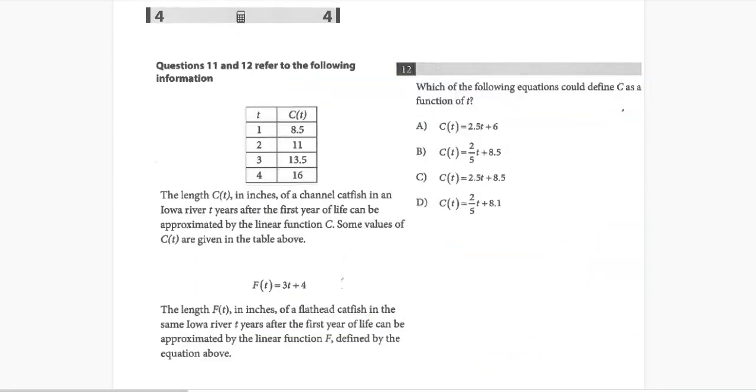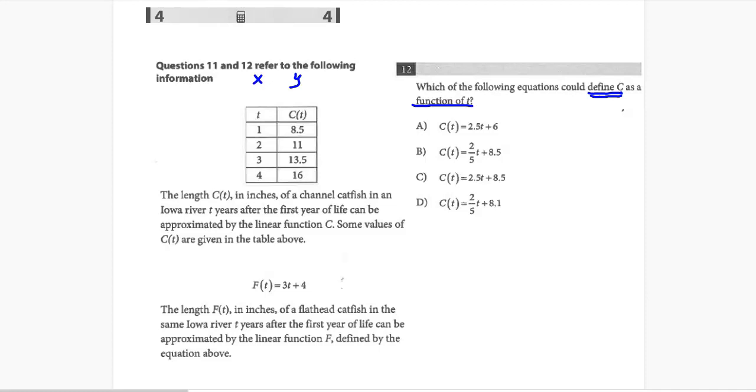All right, number 12. So this is the second part of this problem. It says, which of the following equations could define C as a function of t? So basically, we need to find the equation for this chart over here. A couple things, since it's linear, you can think of this as the x and this is the y, the input and the output.